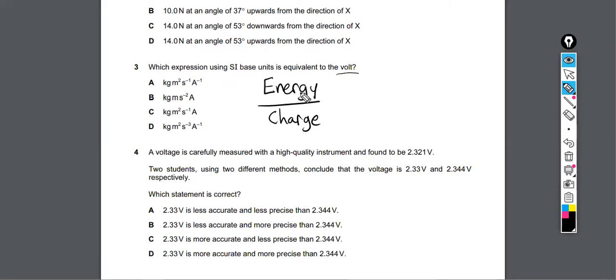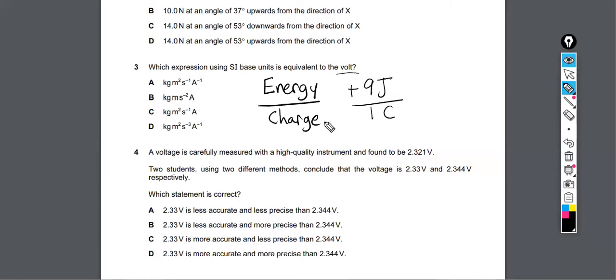That's what energizes the charges. So it's the amount of energy per charge. A 9-volt battery puts 9 joules of energy into every coulomb of charge. A coulomb is the unit of charge, named after Charles Coulomb, who did some studies with this stuff back in the 1700s.